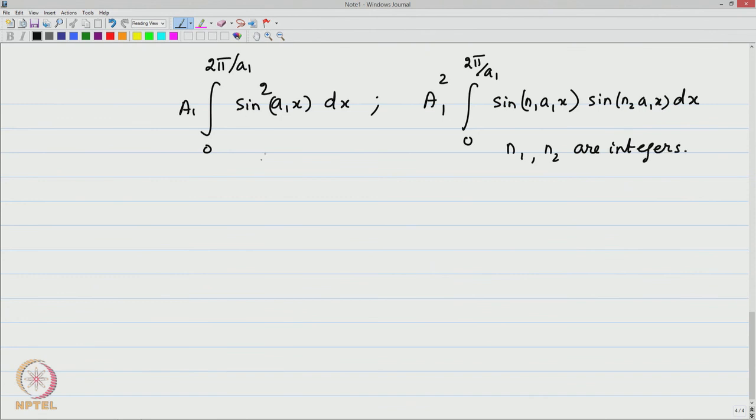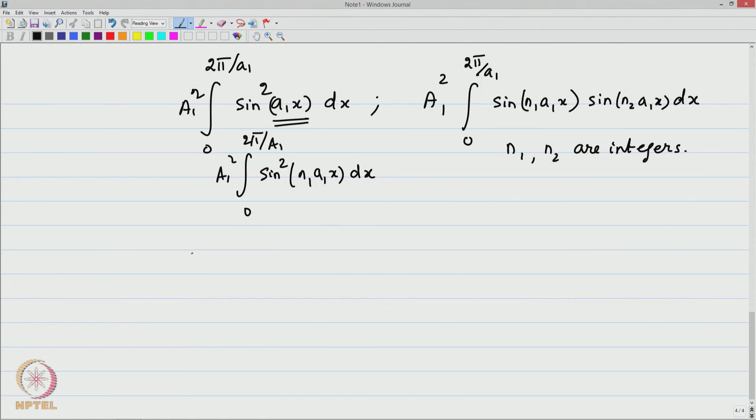Here of course we may as well do the integral of sine square n1 a1 x dx between 0 and 2 pi by a1. So different types of these integrals and functions will be used in the course.